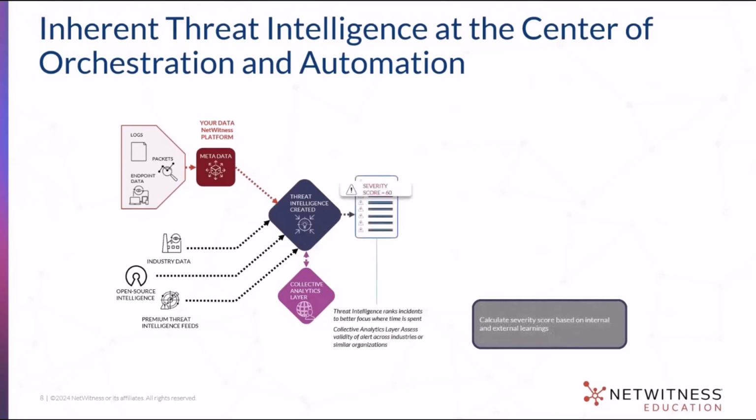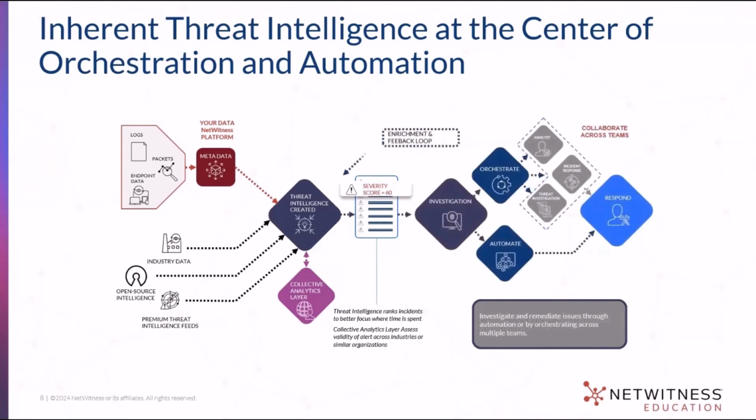Then it goes through a severity score in Orchestrator, which analyzes the incidents or the cases that have been received in Orchestrator into high, low, and critical. And then it starts its investigations. The investigations could be taken in two paths.